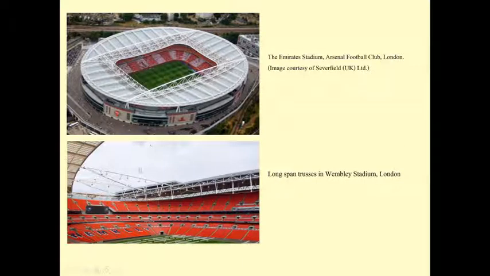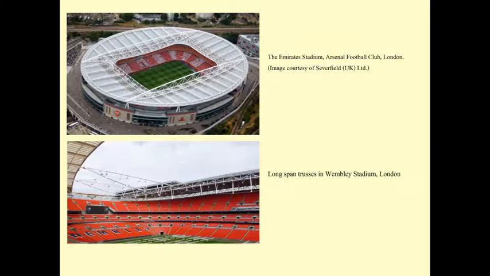And also in Wembley Stadium, in London again, they use a truss spanning the roof to cover the stadium. This is a big roof truss, and this kind of roof truss is very comprehensive. In our study, we study roof truss, but our truss is going to be simpler.